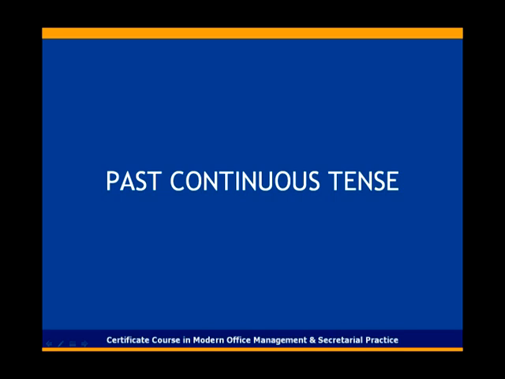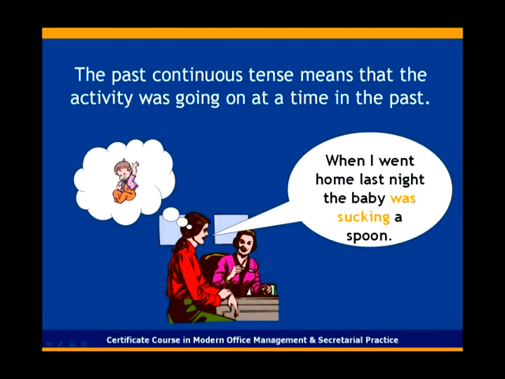We will now study the past continuous tense. The past continuous tense means that the activity or action was going on at a time in the past. In this picture, the lady is talking about a time in the past, which was last night.